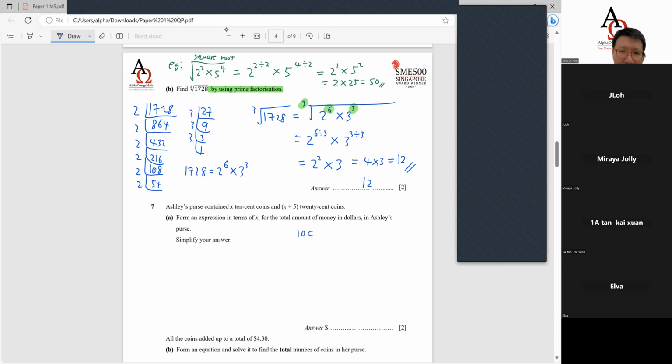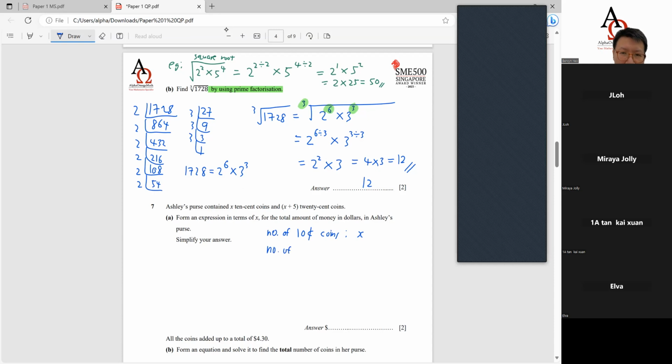Okay, number of 10-cent coins, how many do I have? Number of 10-cent coins, X. Number of 20-cent coins, X plus 5. This will help you to be less stressed during exams because you can see more clearly what the question is talking about.